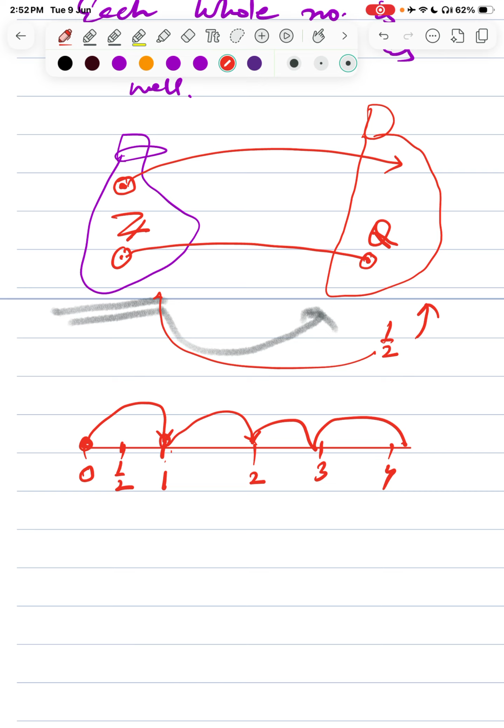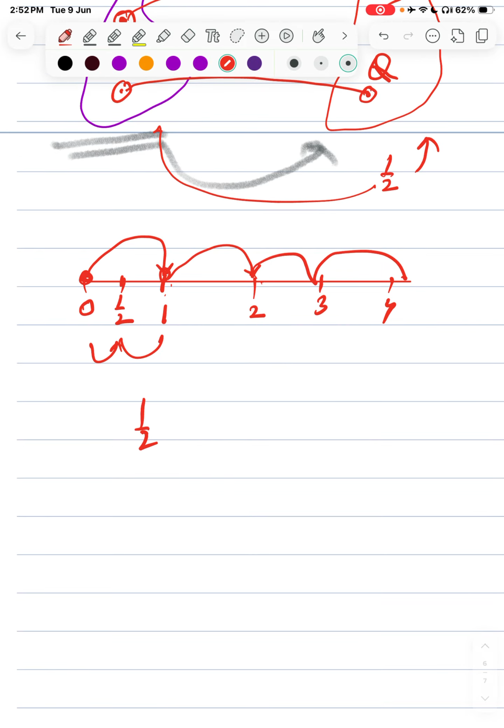There are no numbers between any two consecutive numbers, but 1 by 2 belongs between 0 and 1. So it is a rational number, yes, because it is written in the form of p by q. And if you are able to write any number in this form, you call that number rational.